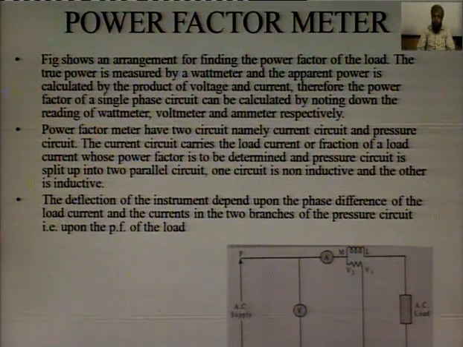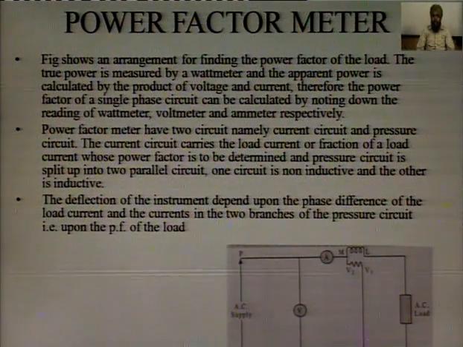Power factor meter has two circuits, namely current circuit and pressure circuit. The current circuit carries the load current or a fraction of the load current whose power factor is to be determined, and the pressure circuit is split up into two parallel circuits.